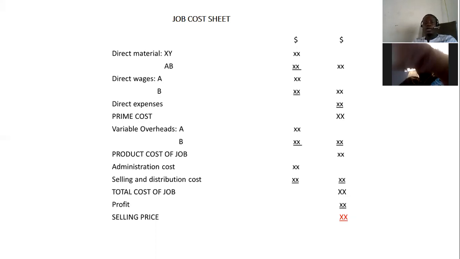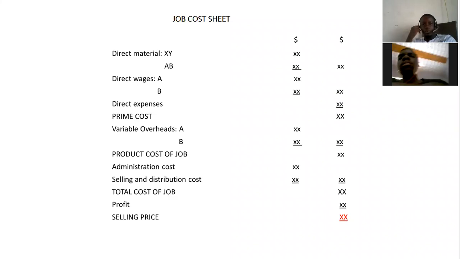You can realize that here, two separate columns have been created. In the first column, you can do your sub calculation, then you send the final figure to the last column. So usually we create two columns.